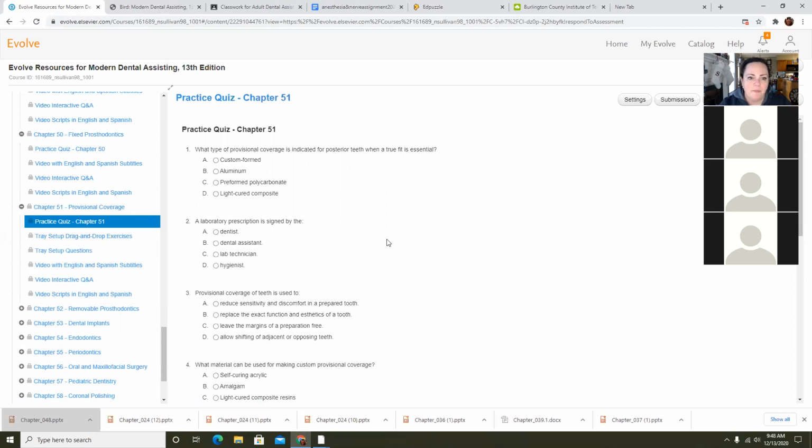Okay, so what type of provisional coverage is indicated for posterior teeth when a true fit is essential? So we want a true fit, right?